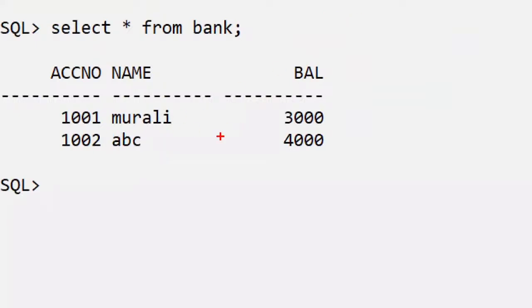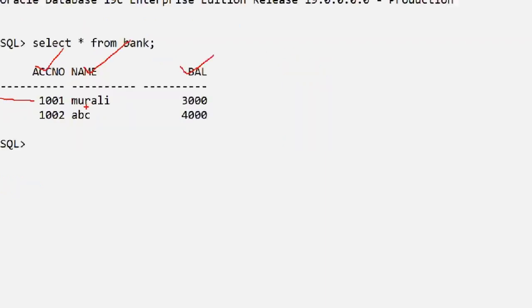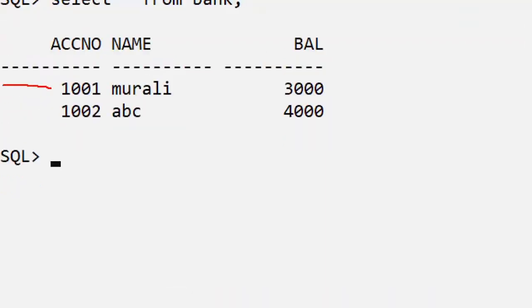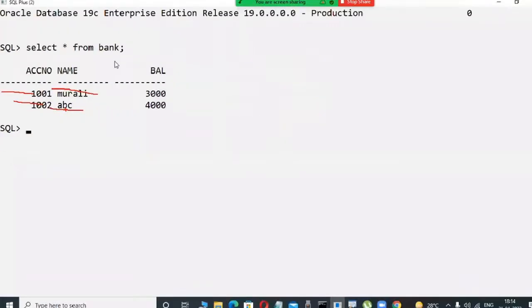In a table format only, we store the data. Suppose this is an SBI bank. In this bank, this is the data. These are columns: account number, name, and balance. These are called columns. Here these are 1001 and so on. These are called rows or data.